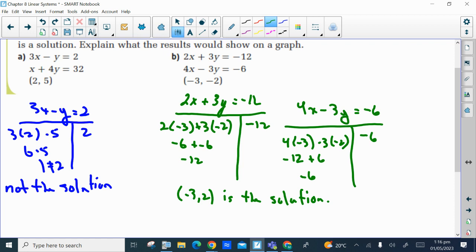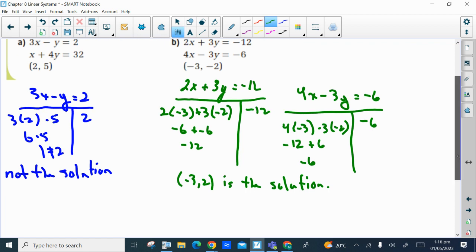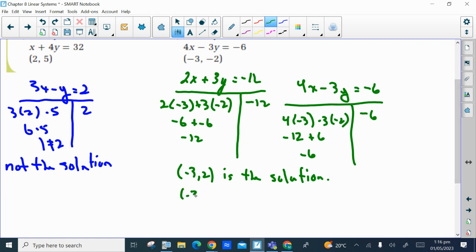So explain what the results would show on the graph. That means that negative 3 comma 2 is the point of intersection. And in the first case, we've established that 2 comma 5 is not on either graph.